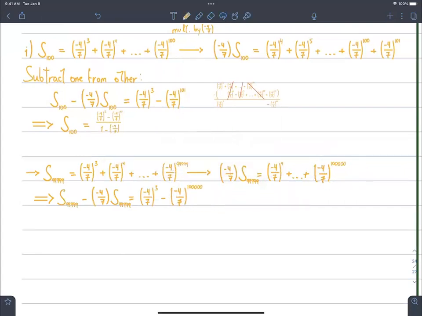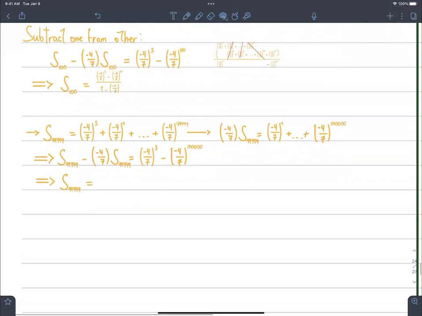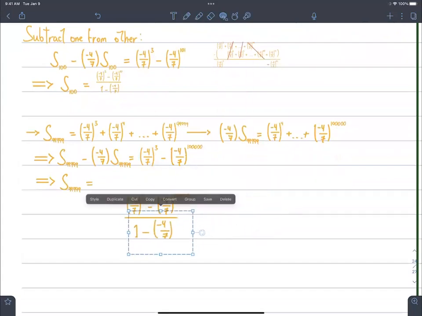Okay. And so we just factor S sub 99999 out. I wanted to use this one. So our partial sum up to that number is this, once again, over 1 minus 4/7. This is a perfectly acceptable answer. Okay.